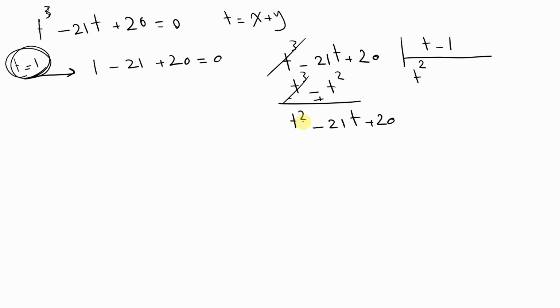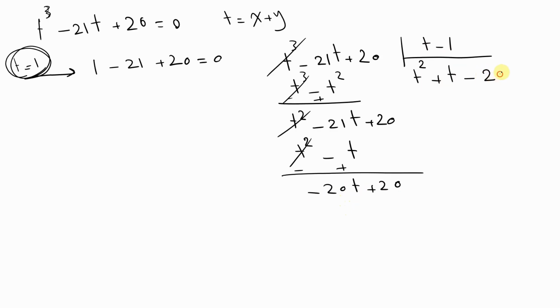For the second option, t squared divided by t is t. So here we have t squared minus t. Now change the sign, plus minus. These are eliminated. I'm going to use summation. Minus 21t plus 1t, which is minus 20t plus 20. Now negative 20t divided by t is minus 20.